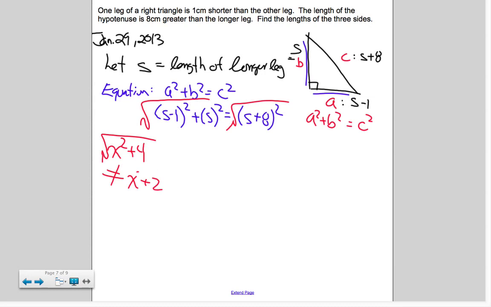Taking the square root of something when we're adding does not break up nicely. It's the same reason that x plus 1 quantity squared, or x plus 2 quantity squared, does not equal x squared plus 4.